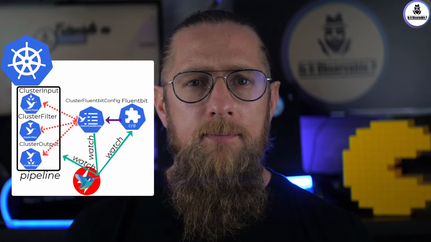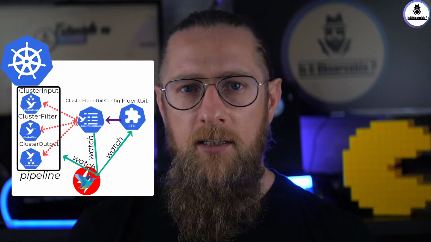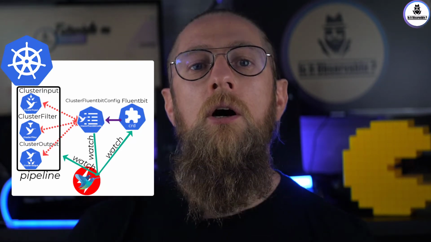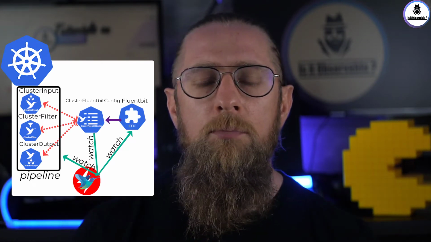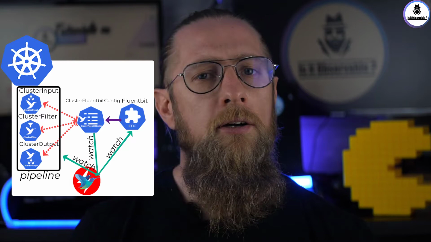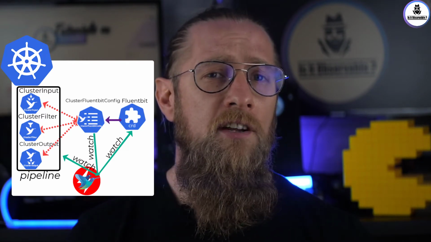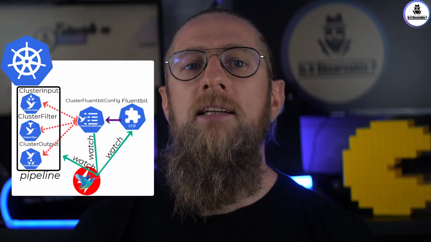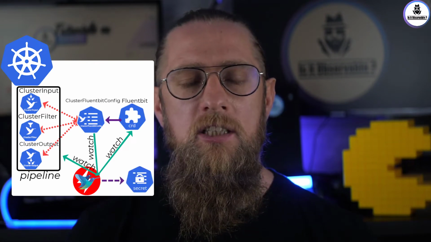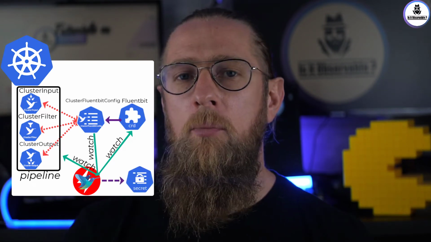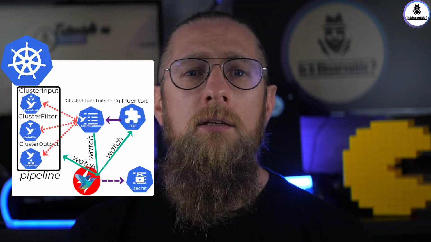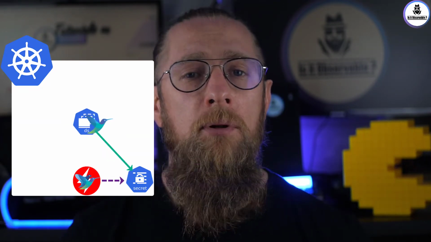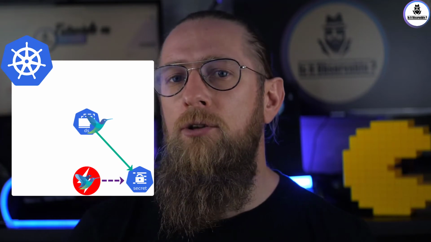The operator watches the various objects, so Fluentbit, the cluster Fluentbit config, the various steps, so cluster input, cluster output, cluster parser, and so on, that we have defined on our pipeline, and will create secrets containing the actual logstream pipeline with the changes that we have made. The daemon set that has been freshly deployed will be referring to those secrets.